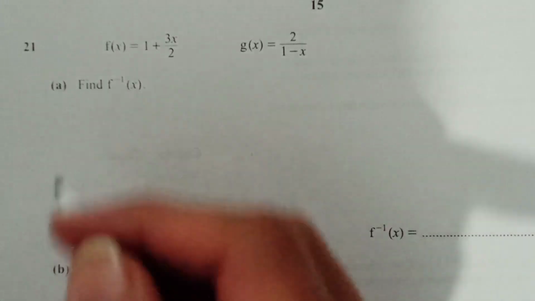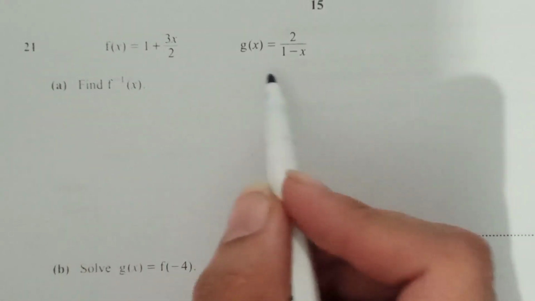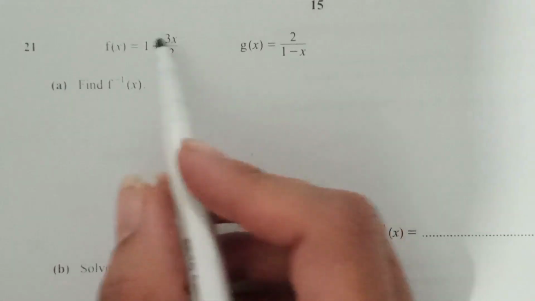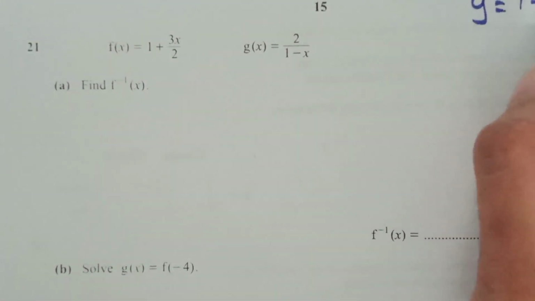Now students, question number 21. Two functions are given to us, f(x) and g(x). We have to find the inverse of f(x). It means we have to put it equal to y, and we have to make x the subject. 2yx plus 3x, and 2y minus 2 equals 3x, and by dividing, x equals 2y minus 2 over 3.